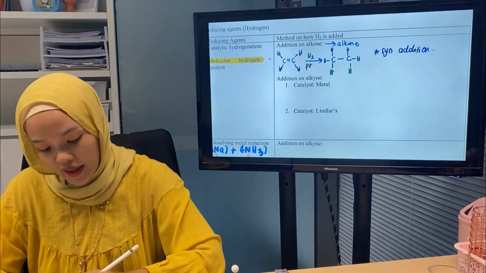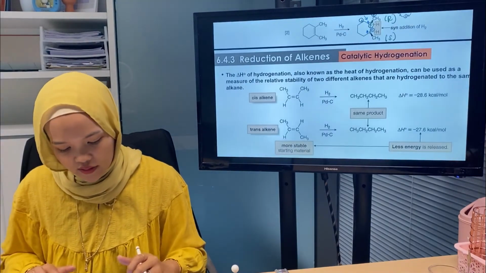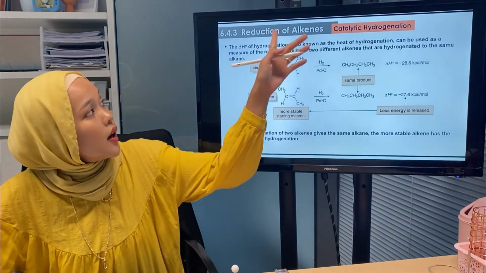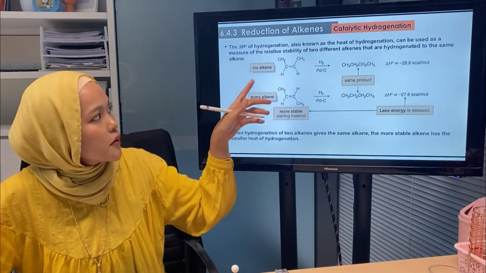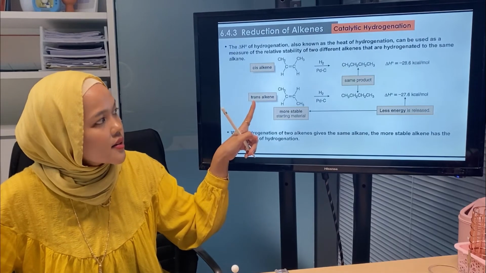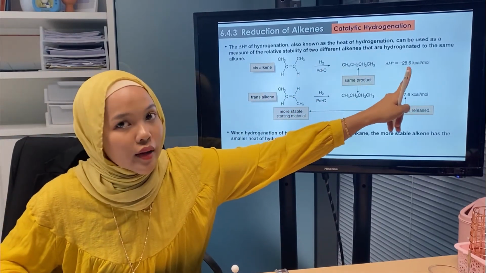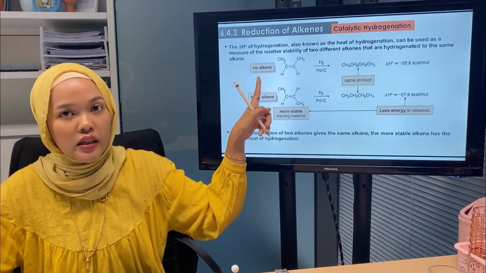I don't want to discuss this in too much detail. If you look at catalytic hydrogenation of cis and trans, the cis is going to produce more heat because it has higher energy.